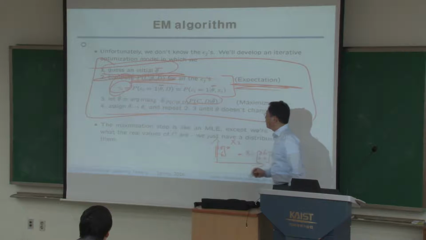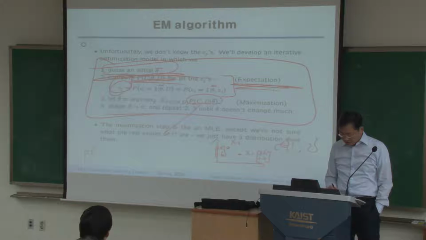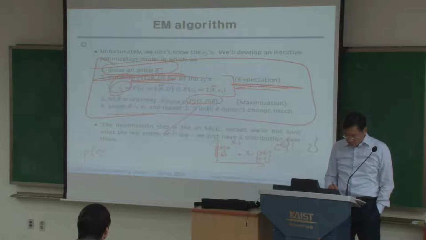So I'm going to consider in this thing, what is the probability of the first class being 1, second class being 1, and I also have the data x1 and x2.